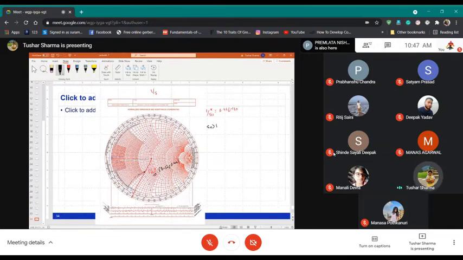But in this case, with S11 greater than 1 and a potentially unstable case, my Z in will be 50 times the value, reading negative resistance as a negative value: minus 0.5 minus j0.46. So this becomes minus 25 minus j23. That is my Z in. Simple.